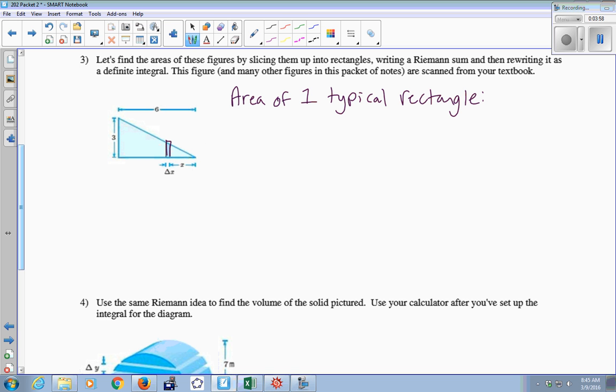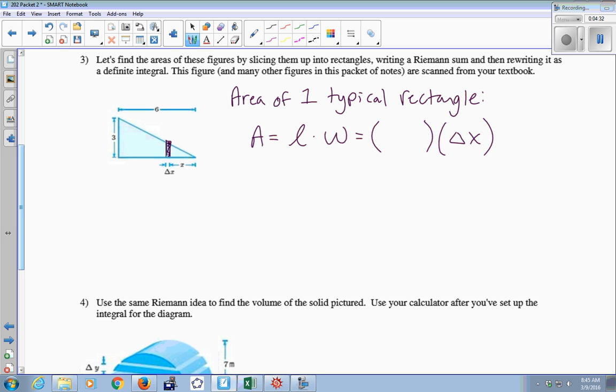This rectangle right here, one typical slice. What's the area of a rectangle in general? How do you find it? Length times width. What's the width of this rectangle? Delta x. Yeah, so all of my rectangles are going to have a width of delta x. So the area is going to be length times width, where the length is something, but the width we know is delta x.